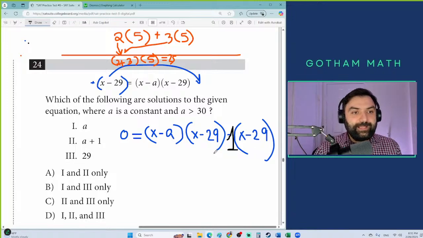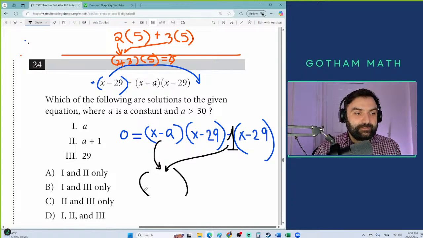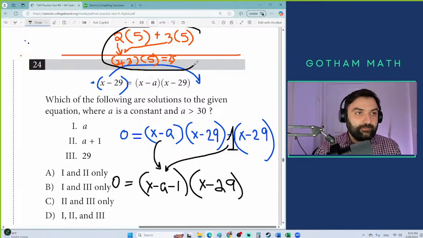So now I can take x minus a and that minus 1, and put it in one parenthesis like this. So it's going to be equal to 0, obviously, on the left side. So it's going to be x minus a minus 1. And over here is going to be x minus 29, just like we did here with the 5.